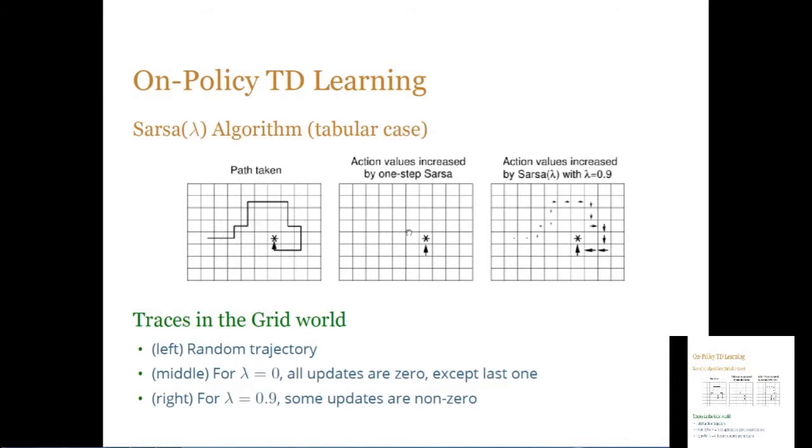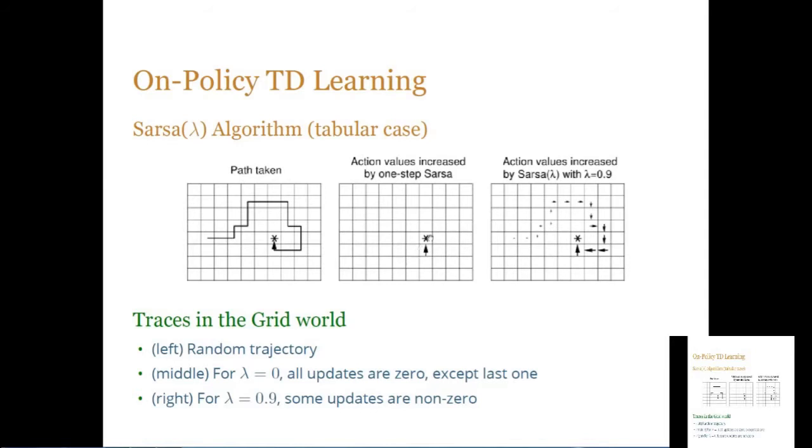And if we don't use eligibility traces, what's going to happen? Well, once we find the goal, we're going to update our previous step. And then the update is not going to propagate more than the last time step.